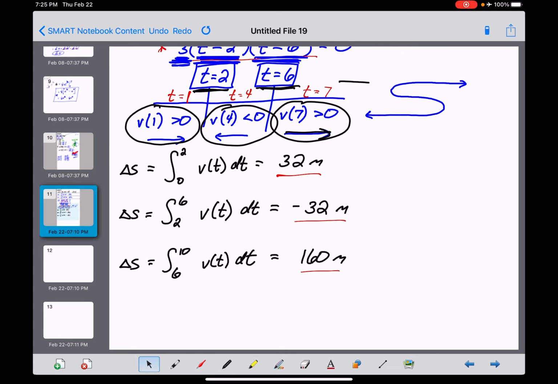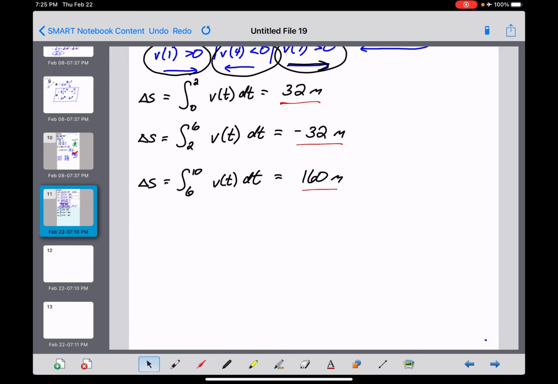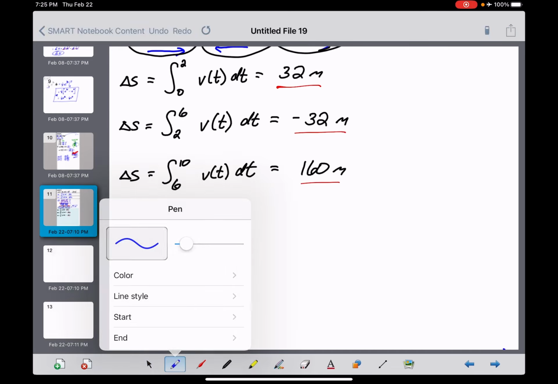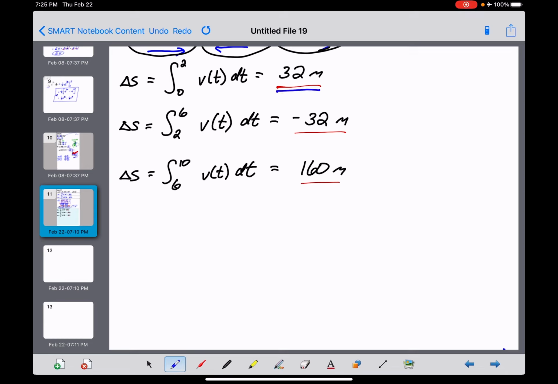So now what they want us to do is put all of this together into what they call the motion diagram. So let's go ahead and do that. We now have all the information we need. We know how far this thing moved and how long it took to get there for leg 1 of this trip right here. So what happened, guys?